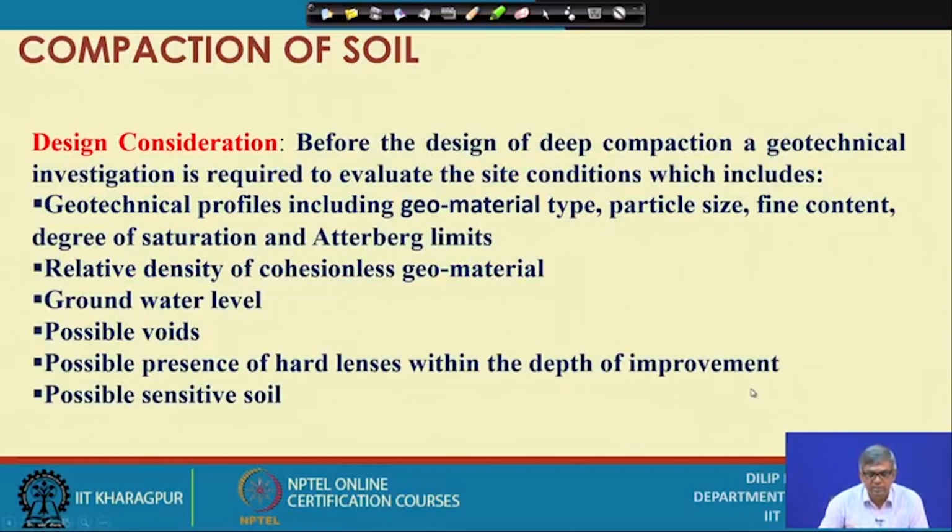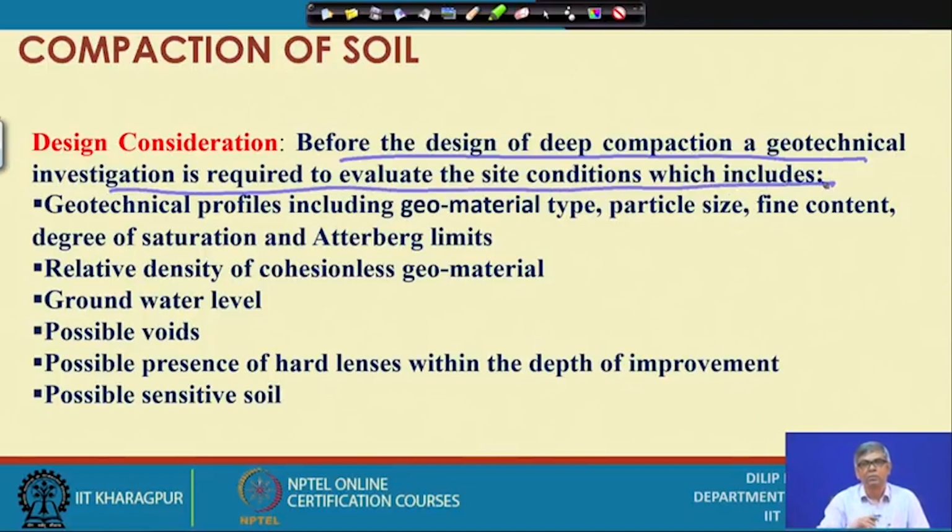Then design considerations: what are the aspects you have to look at when you go for a design? Before the design of deep compaction, a geotechnical investigation is required to evaluate site conditions, which include the following. That means we know for which soil this method is applicable, which soil it is not applicable.